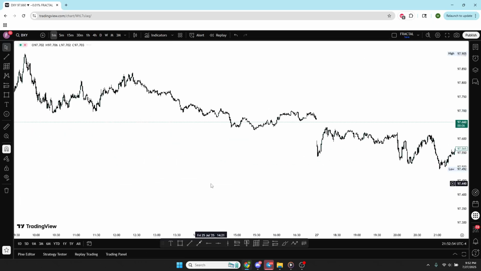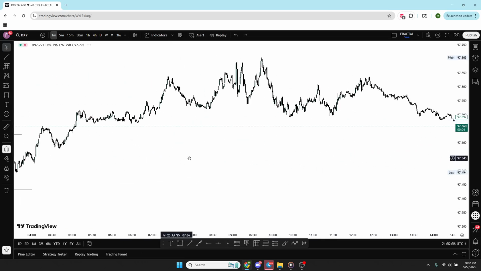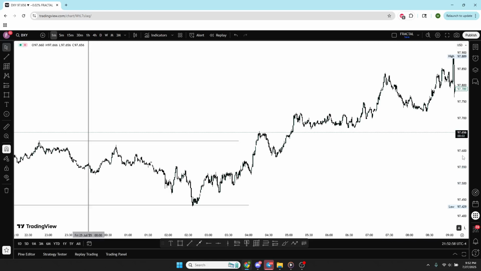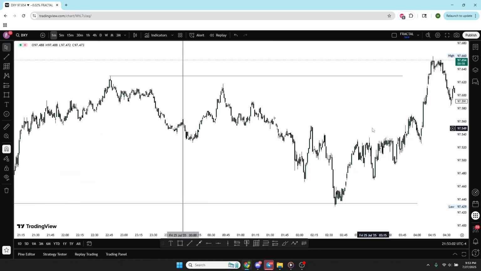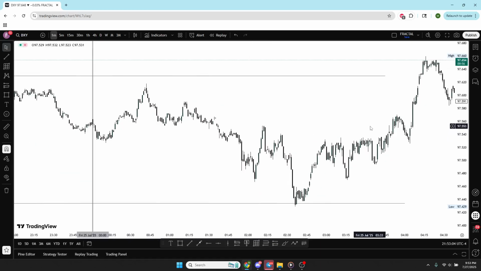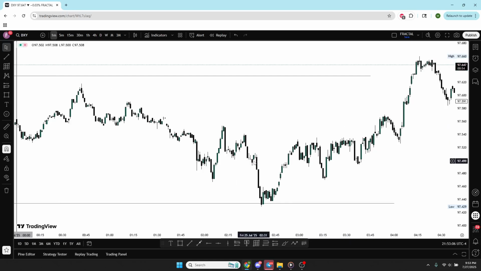And now this is where we look for our entry pattern. The entry pattern is basically a rally above an old high. So this is breaking structure here. Once we rally, strong move up, right?